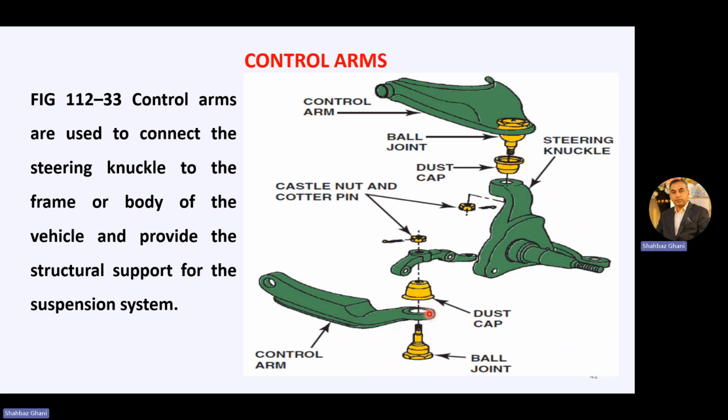We have a ball joint, dust cap, and castle nut and cotter pin. So this is the one end which is attached with your steering knuckle, and this other opposite end is attached to the frame of the vehicle. So this is your control arm. And this is your steering knuckle, and here this yellow one is your ball joint.